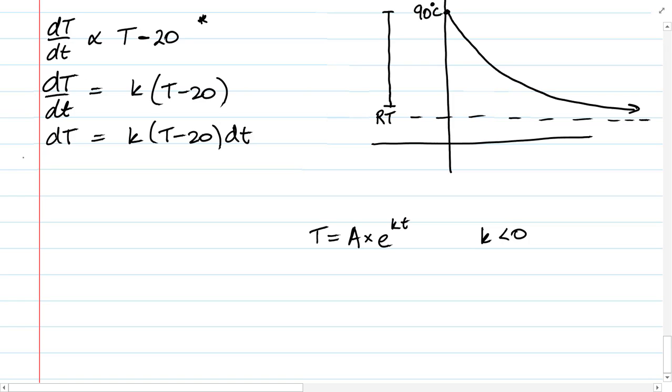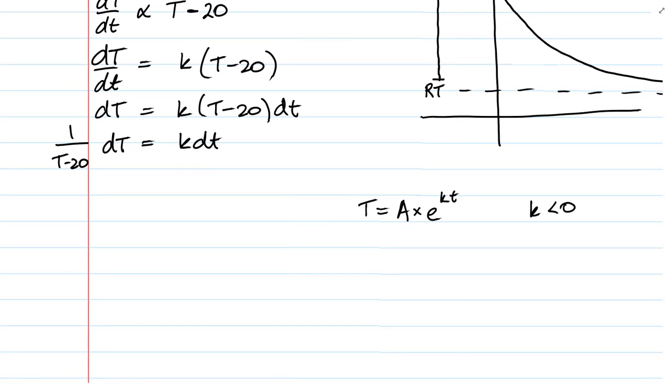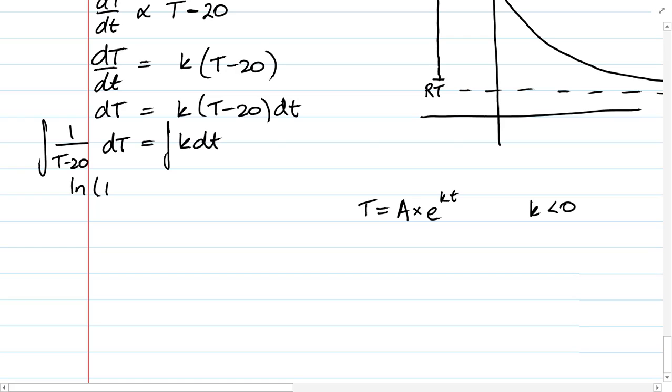And I can do that little logarithmic rearrangement, so I get 1 over T minus 20 dT is equal to k dt. And I integrate both sides, and that gives me log of T minus 20 is equal to kt plus some constant. I've just combined the constants all in one go on the side I want it to be on.